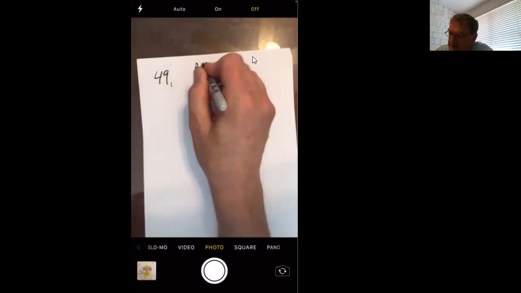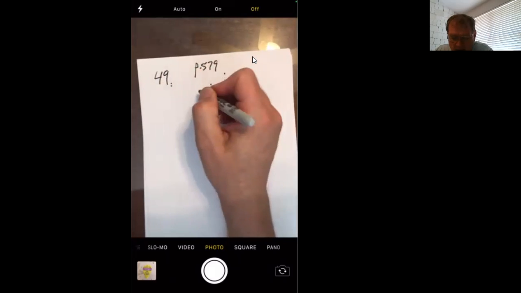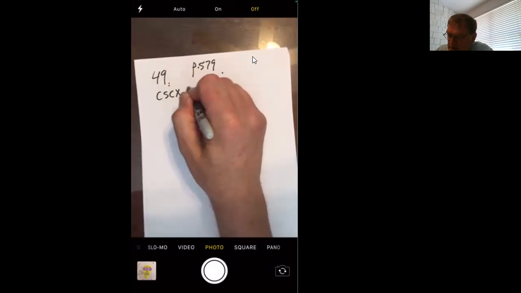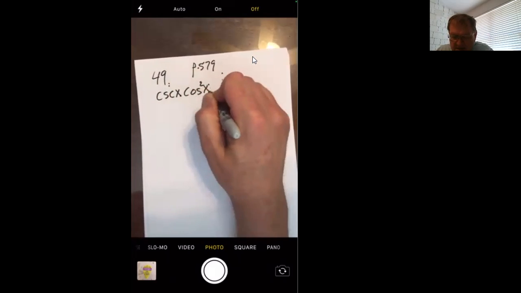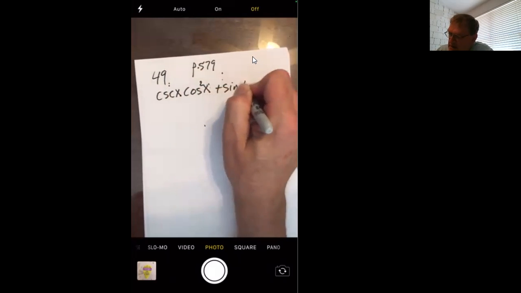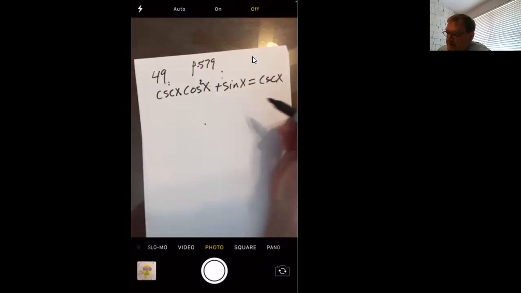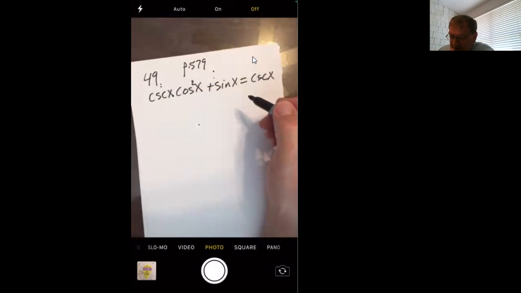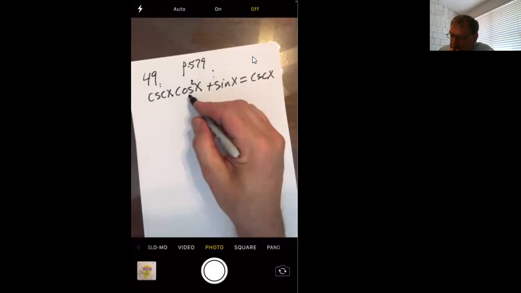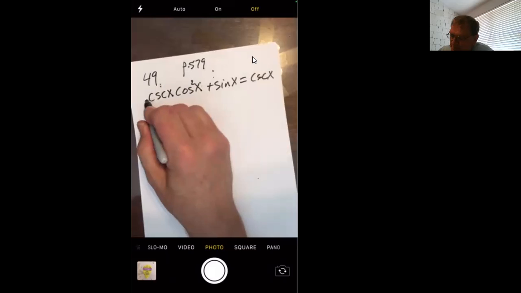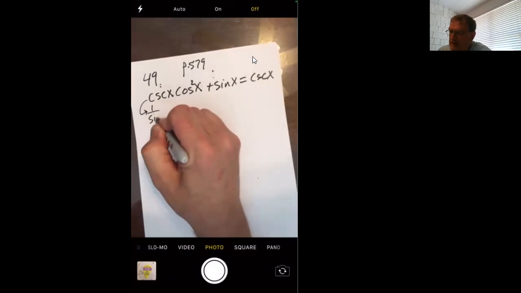49, page 579. Cosecant of x times cosine squared of x, add a sine of x, is equal to a straight cosecant, which again will never turn into this. I can't really do anything with cosine squared sine. Well, let's convert this to 1 over sine.